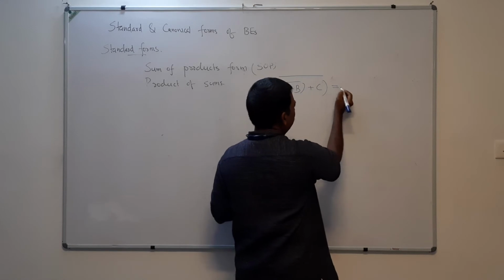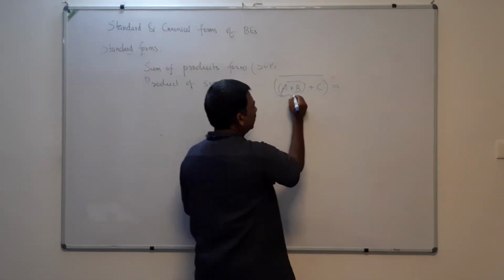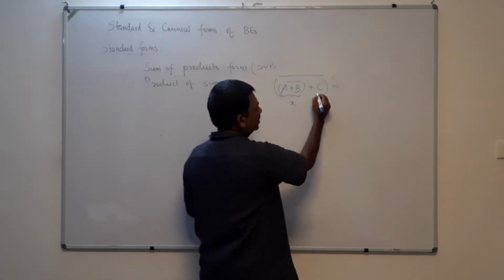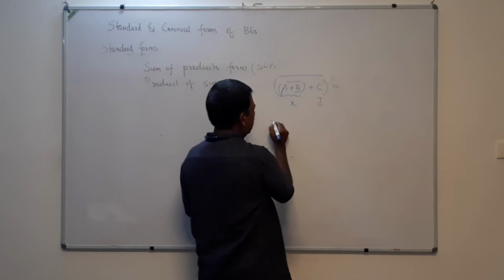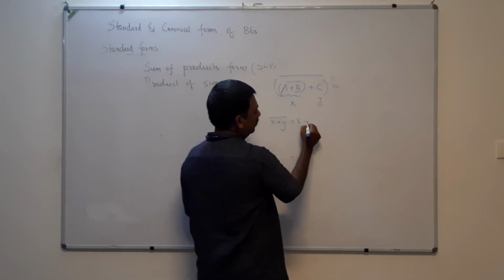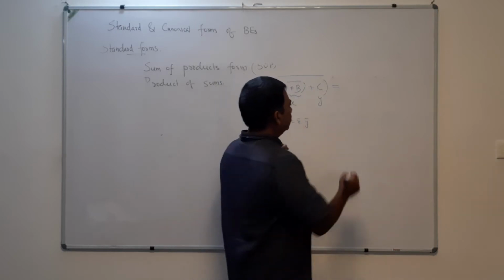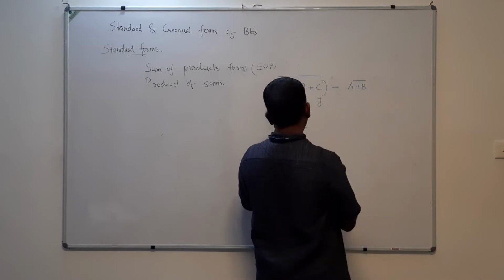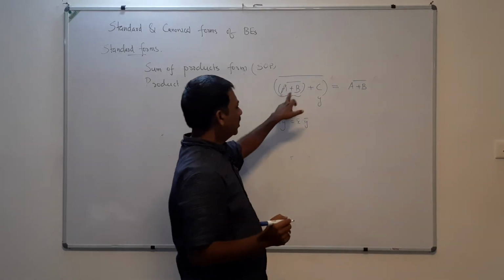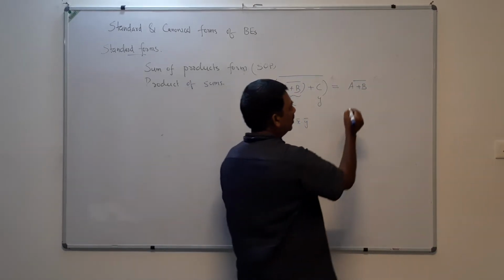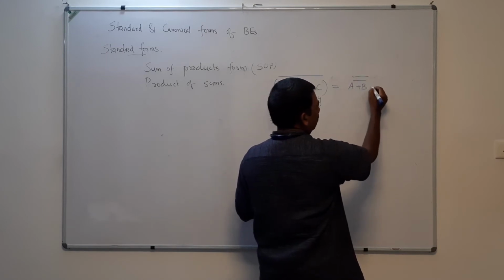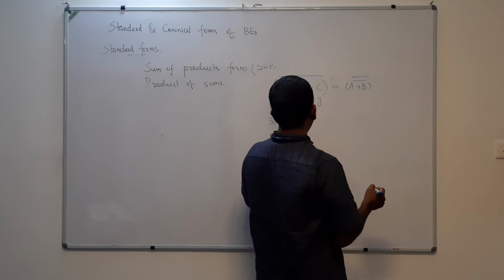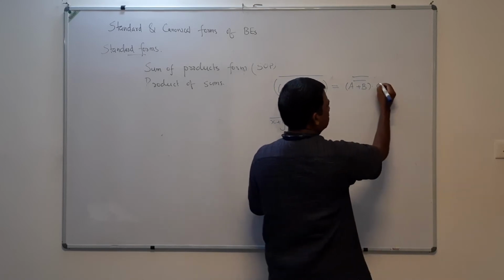Now, using De Morgan's theorem, you treat this as X and this as Y. What is (X + Y) the whole bar? It is X bar dot Y bar. Now that becomes ((A + B')(A + B)) the whole bar, that is X bar, dot C bar.